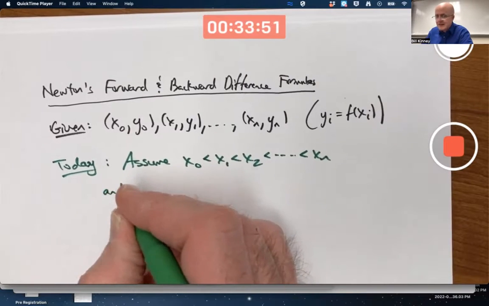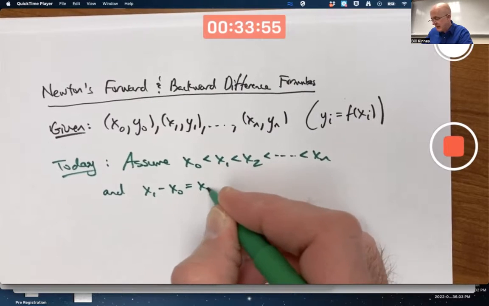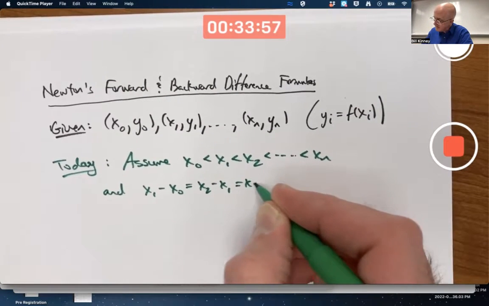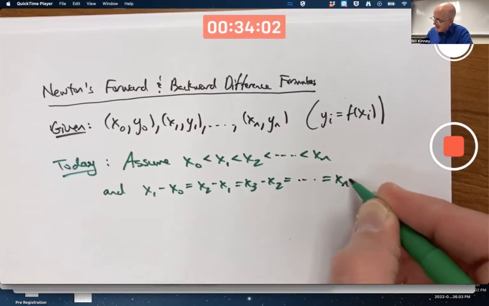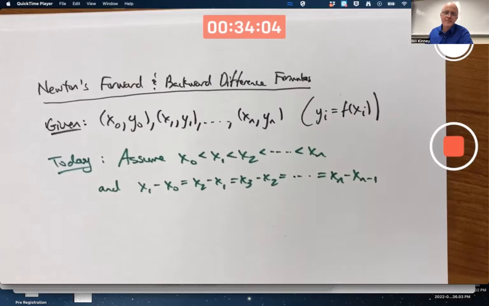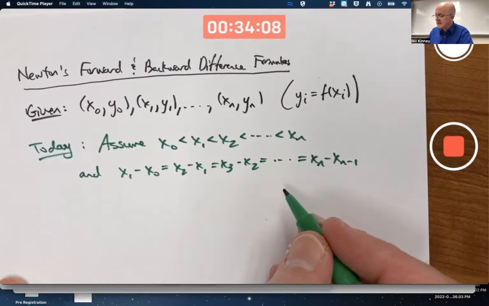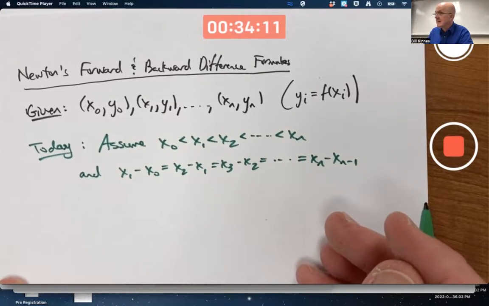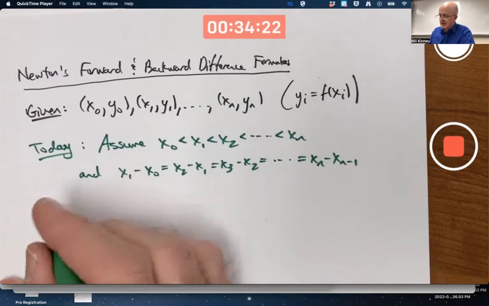And they're equally spaced. x1 minus x0 equals x2 minus x1 equals x3 minus x2, etc., equals xn minus xn-1. We could call those differences, these distances between the successive points, delta x. That would be a common notation, like in calculus for integration. Or another common notation is h, and that's what our book uses.